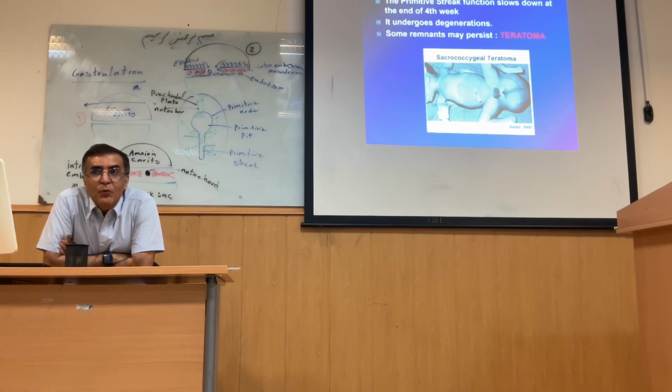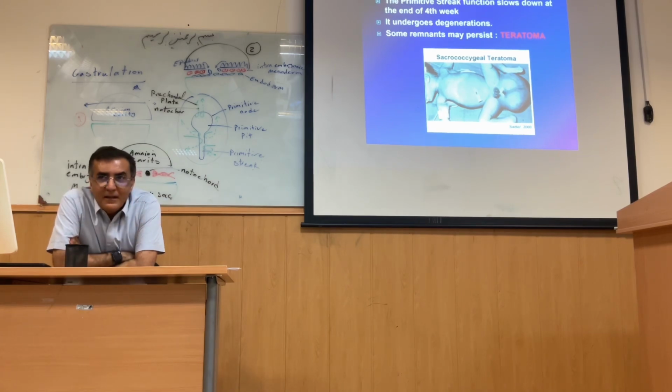If it remains more than that, what happens? More cells will migrate. But the last wave is mesoderm, and we have excess mesoderm, more mesodermal cells. It is a teratoma. Do you remember I showed this picture earlier in the class? Was there another reason for teratoma?